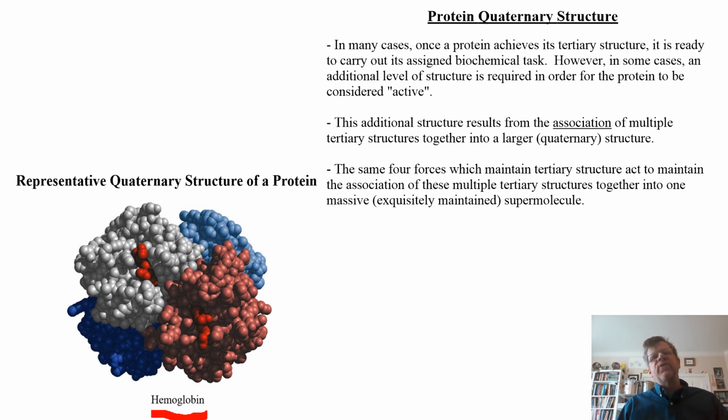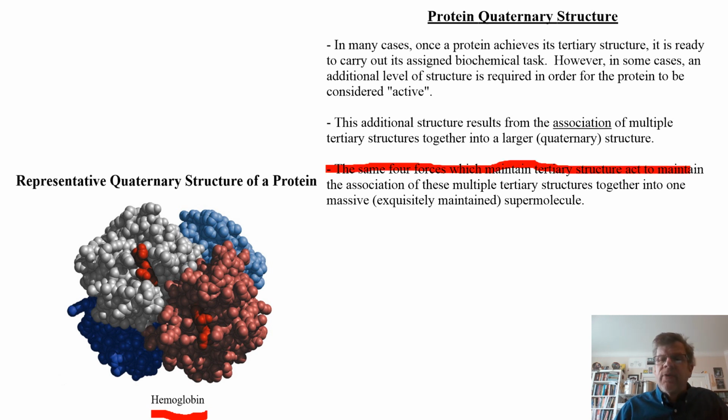Now, because the quaternary structure is not covalent in nature, we have to ask, what is holding these associations of tertiary structures together? Well, ultimately, it is the same forces that maintain tertiary structure.